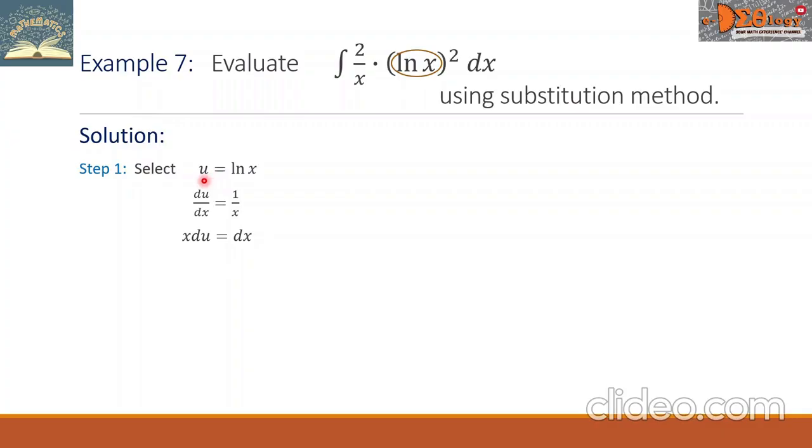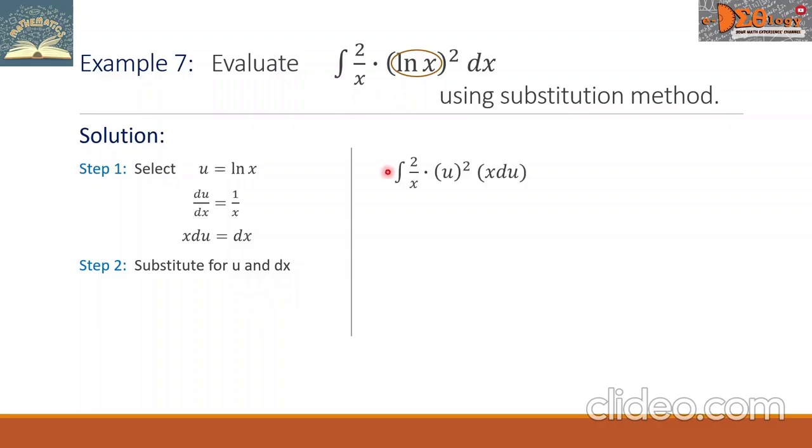So the values of u and dx are important. Step 2. Let us substitute for u and dx in the original problem. So we have the integral of 2 over x times ln x, which is now u, with the square, times the dx. We now change it into x du.